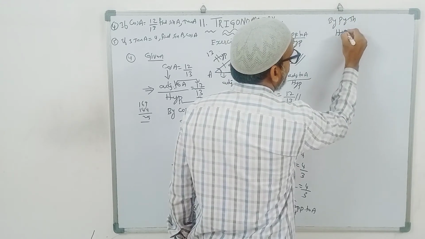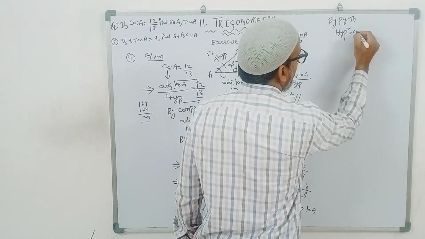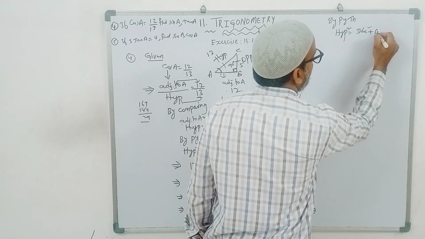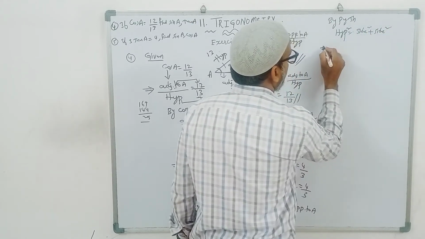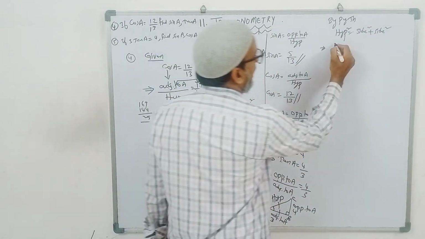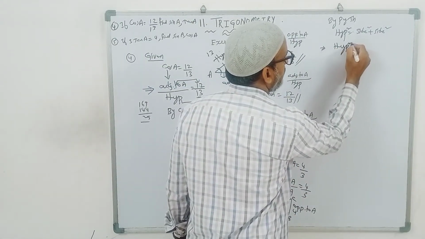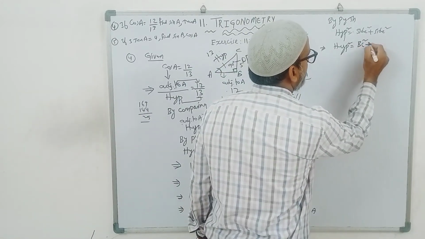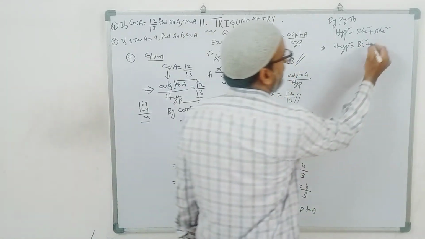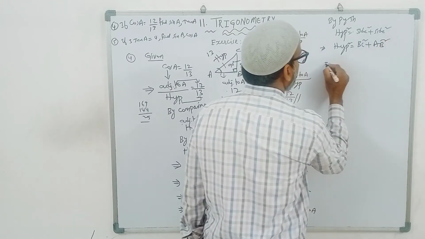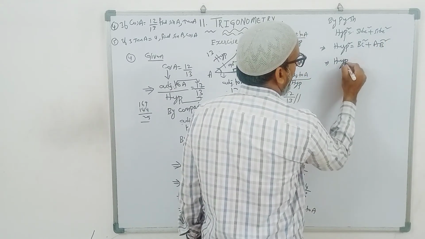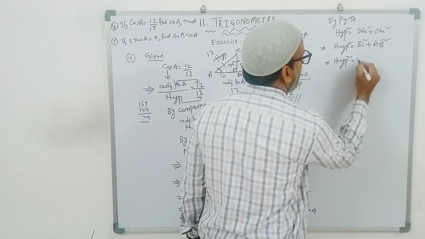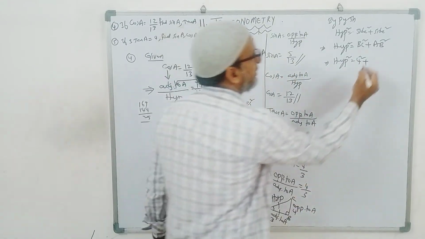By Pythagoras theorem, hypotenuse square is equal to side square plus side square. Hypotenuse we don't know. Hypotenuse square is equal to BC square plus AB square, that is 4 square plus 3 square.